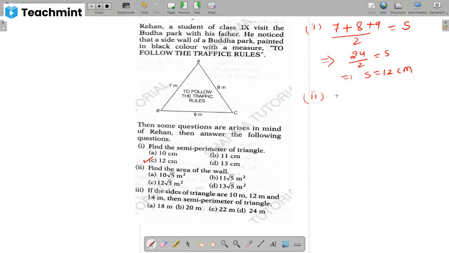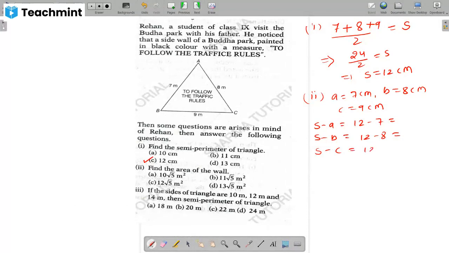Second part, find the area of the wall. Here we have to find the area. We are given sides 7 centimeter, 8 centimeter and 9 centimeter. We know the semi perimeter, it's 12. So now we will find s minus a, 12 minus 7, how much? 5 centimeters. So it's 5 centimeter.